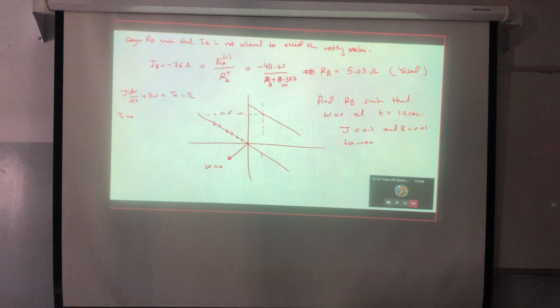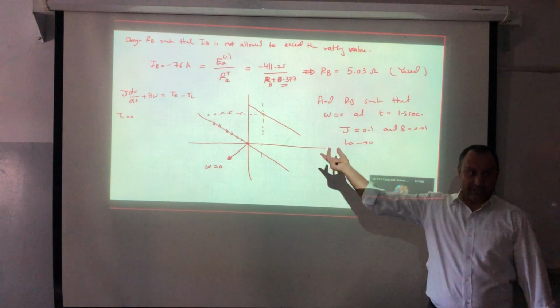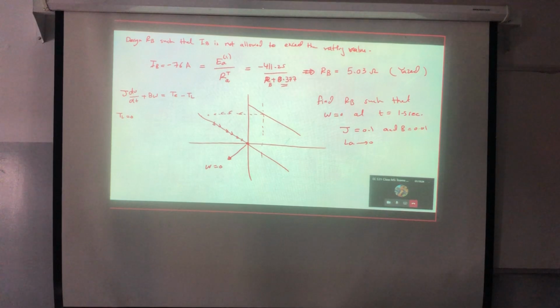In this case, I need you to find RB such that the machine will stop, which means omega equals 0 and stays there forever, at a certain time, let's assume 1.5. By the way, I don't know if there's a solution for this one because I'm giving you roughly the parameters, but I hope that it will be possible. So this will end up with J d omega by dt plus B omega equal to Te.